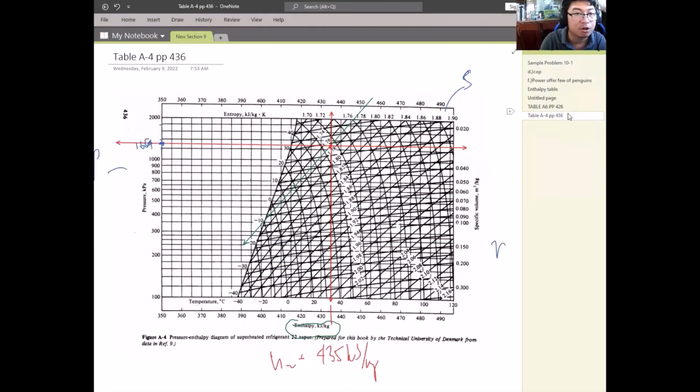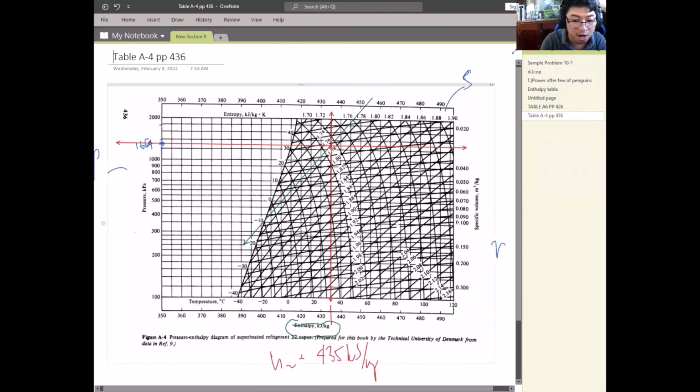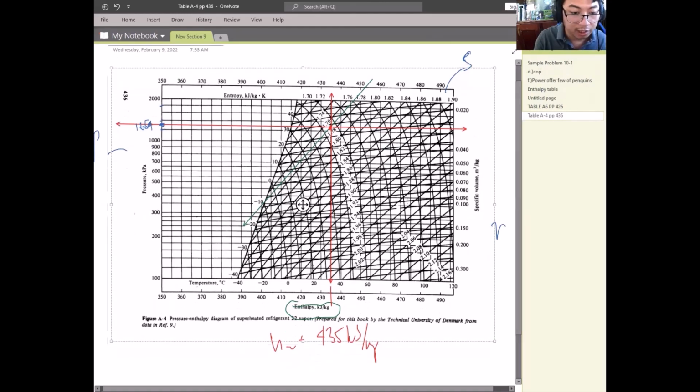See the table A4 again, that R22 of superheated state. So as you see, we have the temperature below. This is the curve of the temperature: negative 30, negative 20, negative 10, 0, 10, 20, and so on. So this is the curve of 50, and this is the curve of 60.